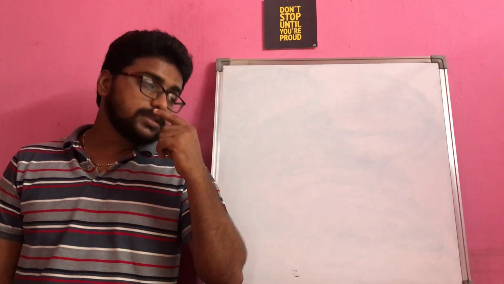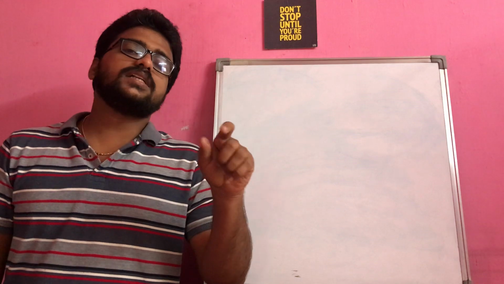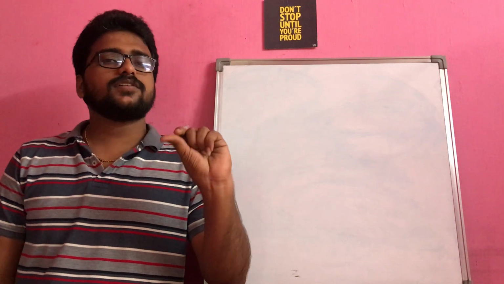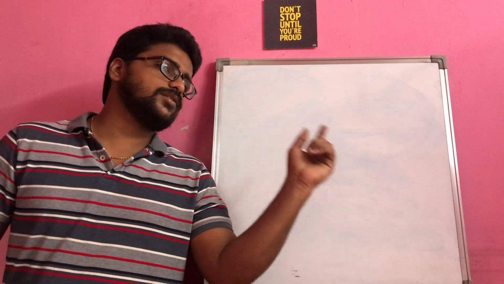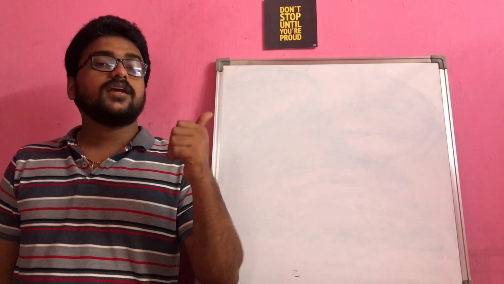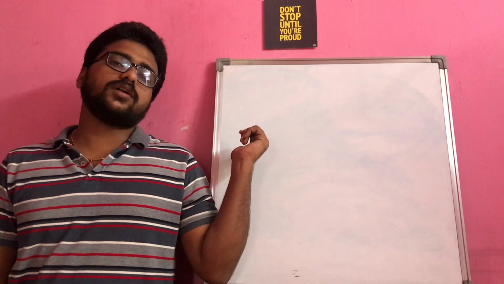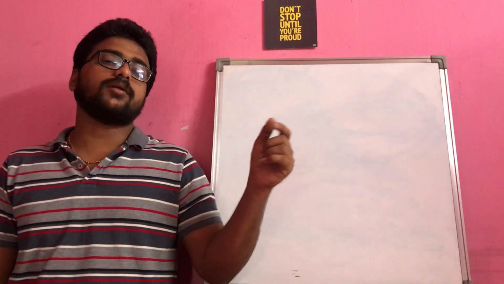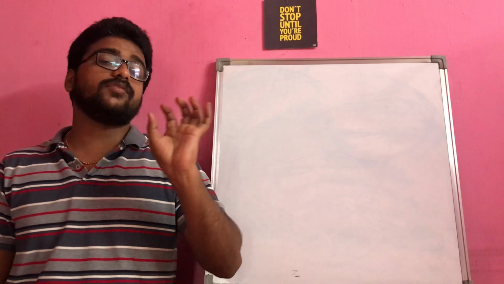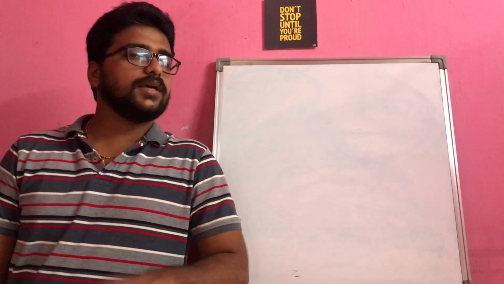Second, use the same equation for the tangent and normal, but only change the slope. If it is the equation of a tangent, whatever dy by dx you are getting, use the same slope. If it comes to the equation of a normal, instead of dy by dx, use minus 1 by the slope value. That will give you the indication that tangent and normal are perpendicular to each other.